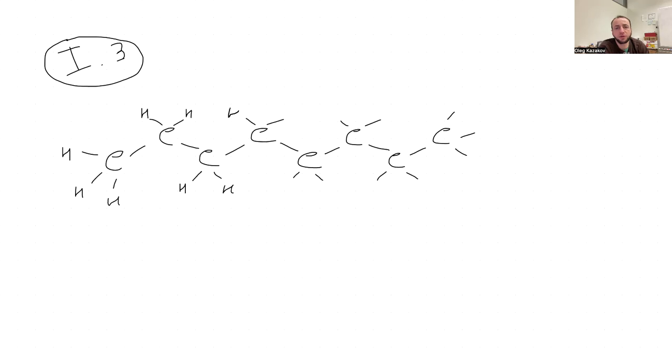So here you can also match this structure with the general formula, which is CnH2n+2. If you have, let's say, n carbons, such as 8, then the number of hydrogens will be 2n+2. 2 multiplied by 8 plus 2 is going to be what? 16 plus 2, 18 hydrogens, right?